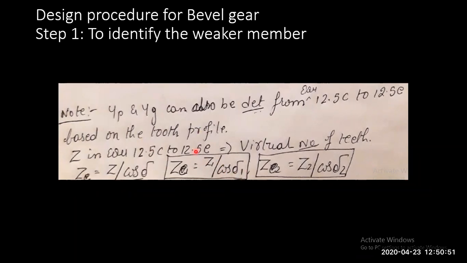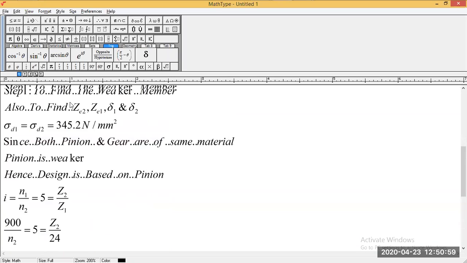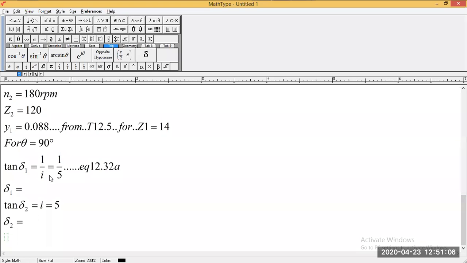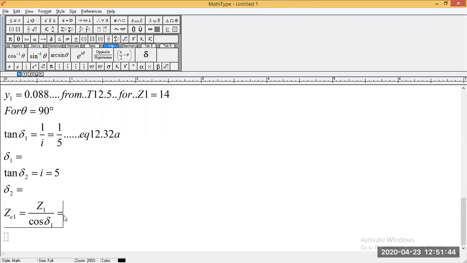This is given in equation 12.5 C and D. So ZE1 is Z1 by cos delta 1, right? So this data is required for the fourth step.